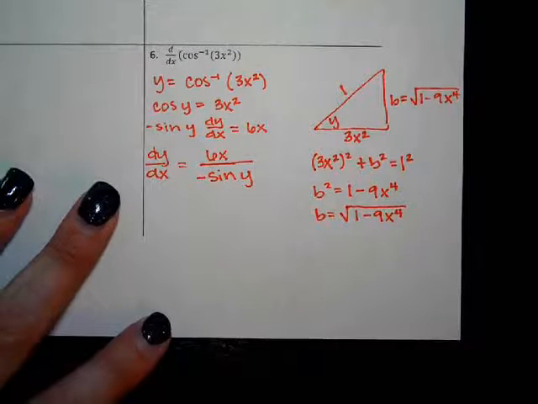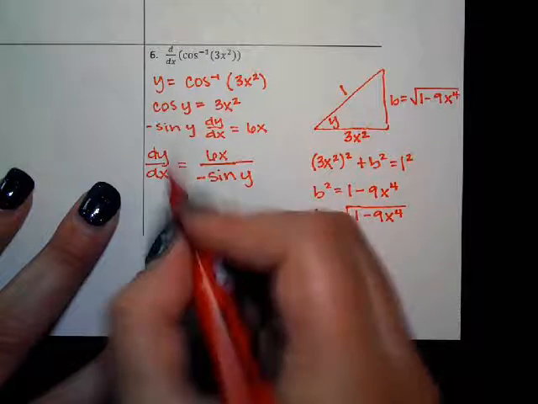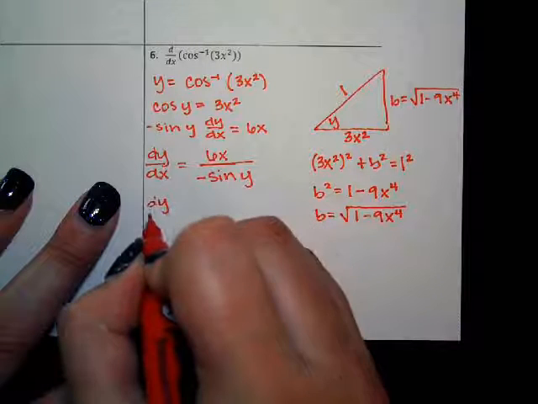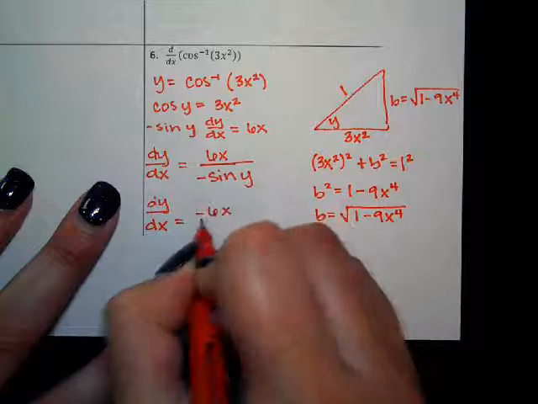Okay. I'm going to go ahead and move the negative up to the top, so I'll do dy dx equals negative 6x over sine y.